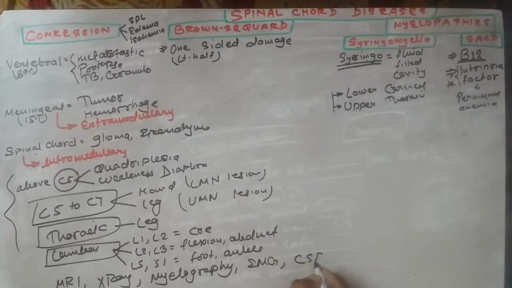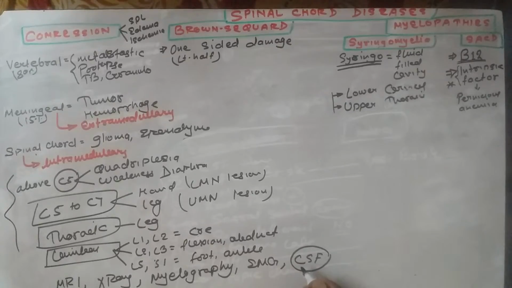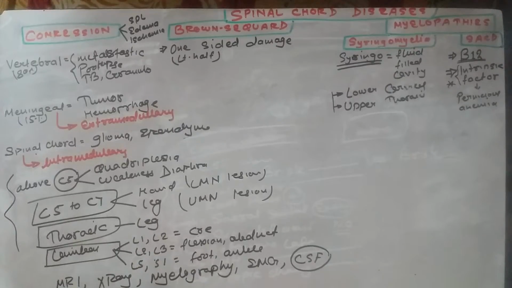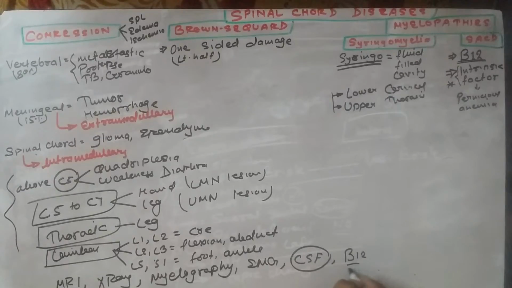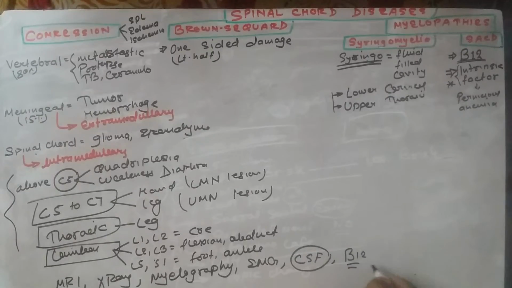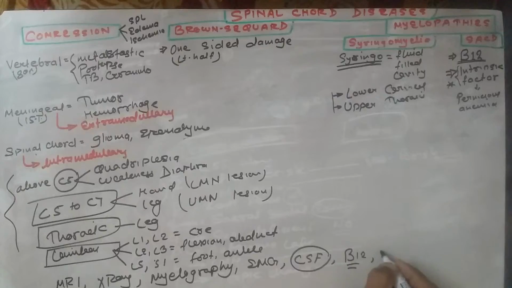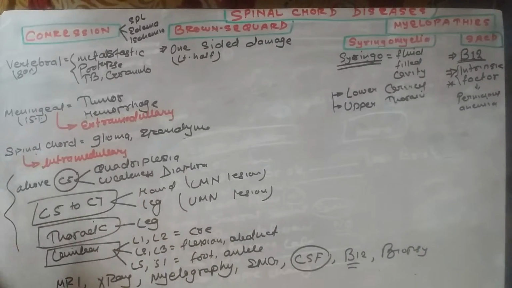We should also perform CSF examination to rule out any infection, and usually we find raised protein causing yellow discoloration of the fluid. Peripheral polyneuropathy should also be ruled out by looking at the vitamin B12 level, whether it is deficient or not, and a biopsy should be sent in case of any suspected tumor. So this is about the diagnosis of spinal cord compression.